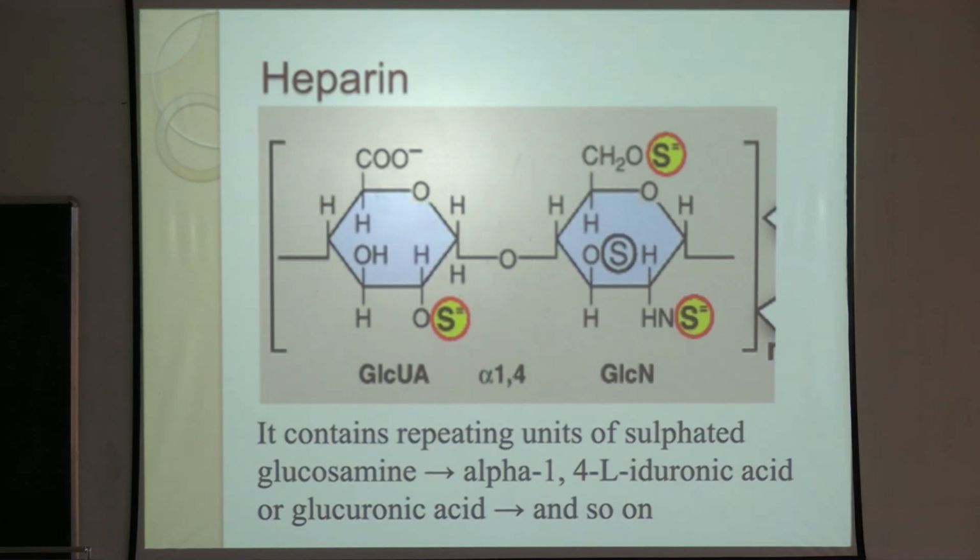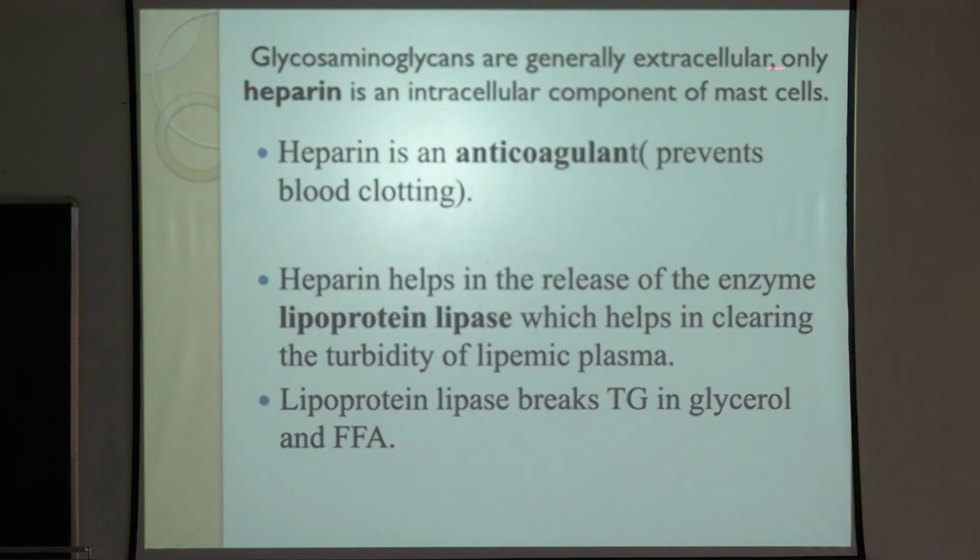So this can also come as a question: which mucopolysaccharide contains alpha linkage? Heparin. Heparan sulfate also contains the same, where the sulfur groups are more in number. Glycosaminoglycans are generally extracellular, only heparin is intracellular.